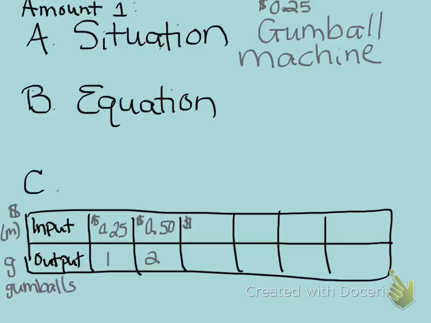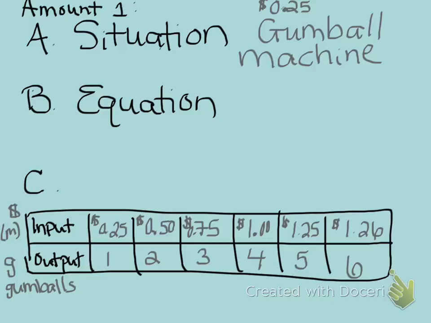If I put in 75 cents, not $75, 75 cents, I would get 3 gumballs out. If I put $1 in, I would get 4 gumballs. $1.25, 5 gumballs, and $1.50, I would get 6 gumballs.